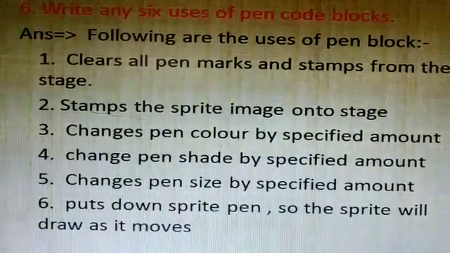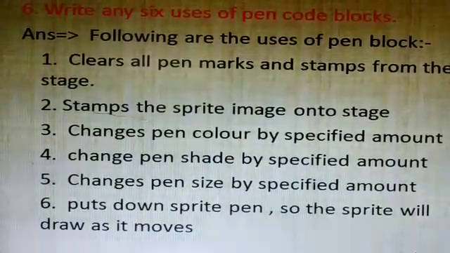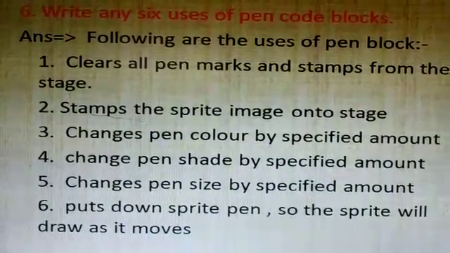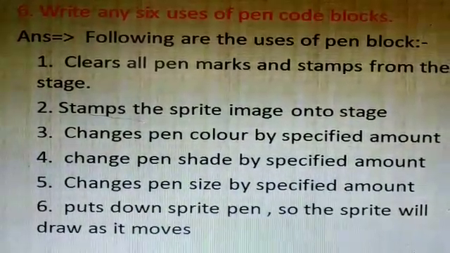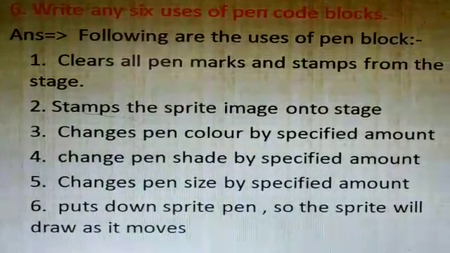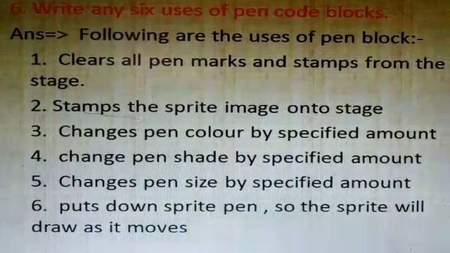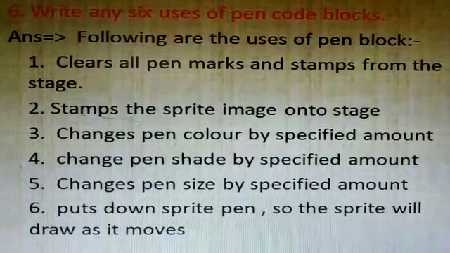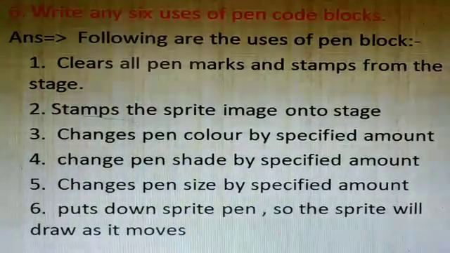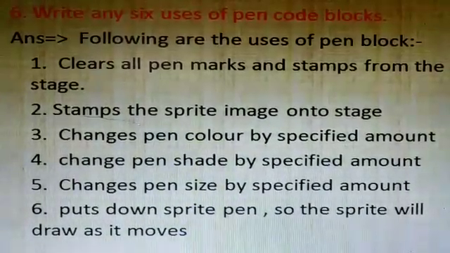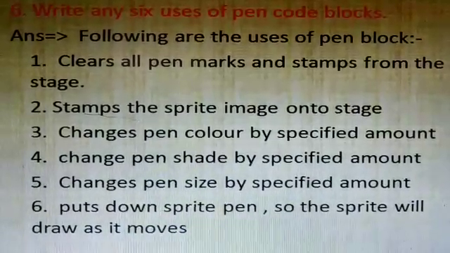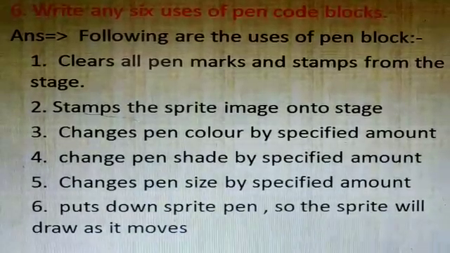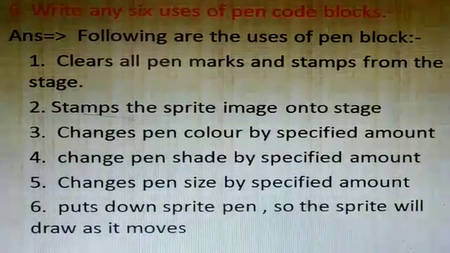Now come to the sixth question and answer. Write any 6 uses of the pen code block, and the answer is, following are the uses of the pen block. First, clear all pen marks and stamps from the stage. Second, stamp the sprite image onto the stage. Third, change pen color by a specific amount. Fourth, change pen shade by a specific amount.